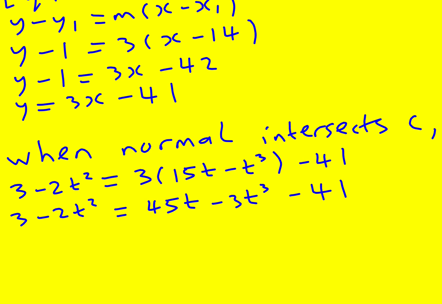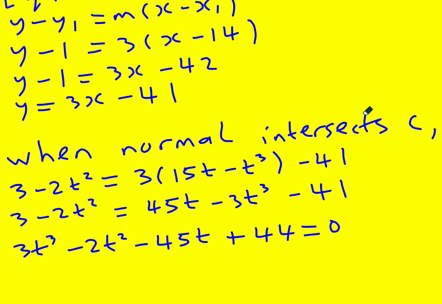Okay, and we just tidy this up, so we're going to get 3t cubed. I'm going to get that onto the left and make the coefficient positive: minus 2t squared, minus 45t, and then it's going to be 3 plus 41, so plus 44 equals 0. And we've got ourselves a cubic to solve.